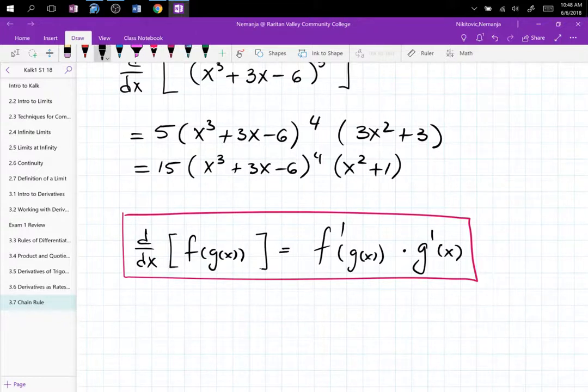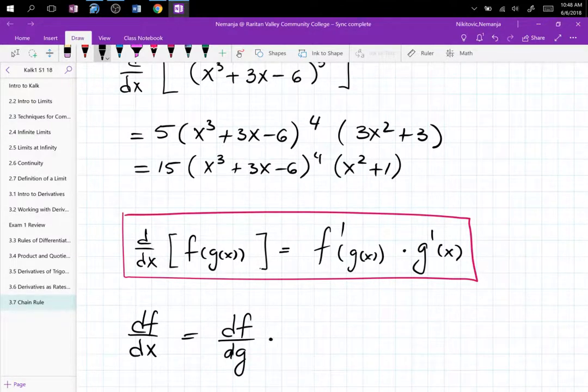You have this function f that has g plugged in, but you are looking for df dx. So you're technically looking for the derivative of f with respect to g, and multiplying that with the derivative of g with respect to x, which is exactly what you have.